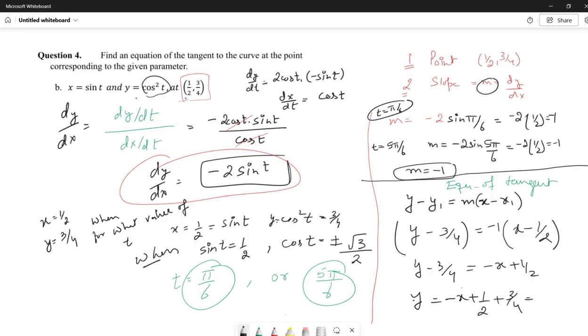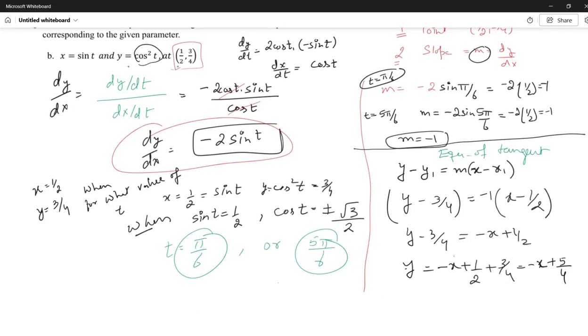That is negative x, and 1/2 plus 3/4 is going to be 5/4. So to finally answer, your equation of tangent is y equal to negative x plus 5/4.